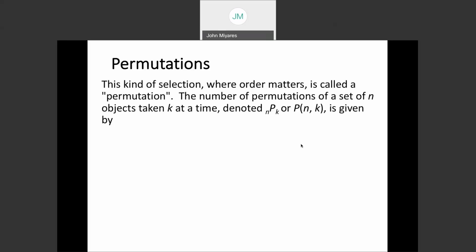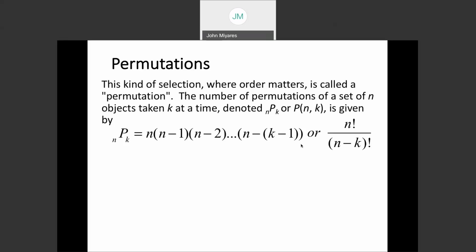The number of permutations of a set of n objects taken k at a time, denoted nPk, or with P and parentheses n comma k, is given by this formula here: n times n minus 1 times n minus 2, all the way down to n minus the quantity k minus 1.